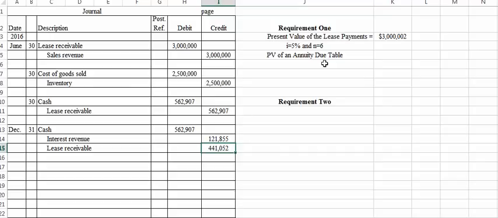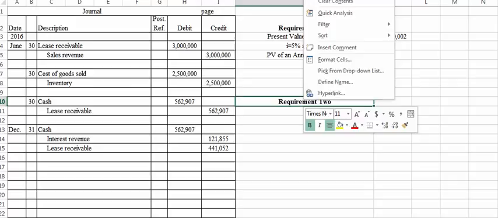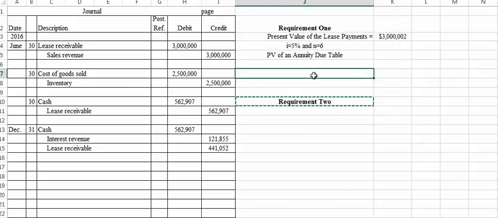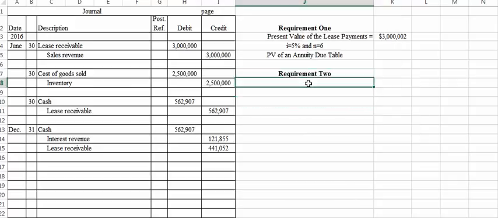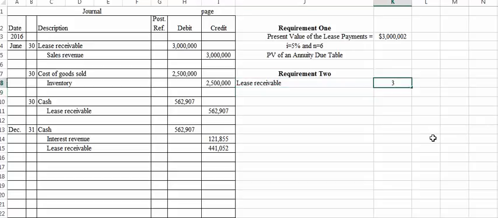We've taken care of that. Number two, what would show up on the balance sheet? Well, you'd have your lease receivable account balance. To begin with, it's $3 million.